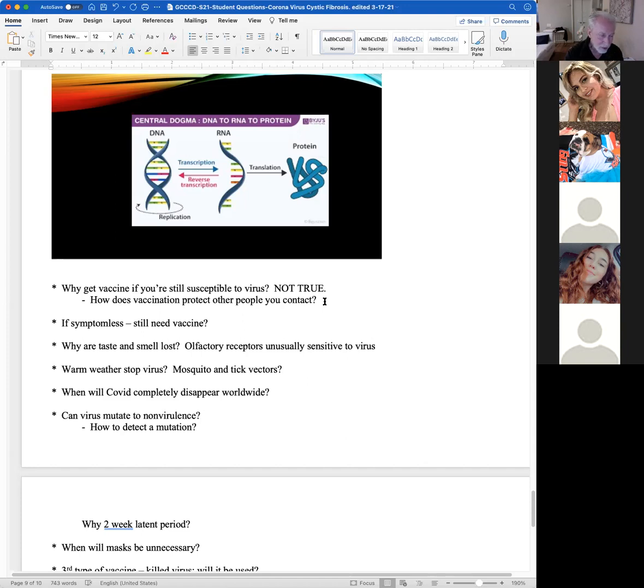That's what's called 95% efficacy, which means that out of 100 people exposed to the virus, 95 of them would not get sick, but 5 would. So there's always a chance, although a small one, that the vaccine would not protect you.